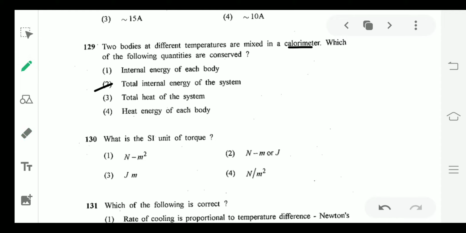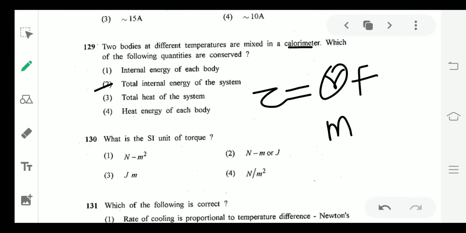If we take its magnitude, torque is equal to R cross F, we are not taking the vector quantity here, only magnitude. So radius means it is a distance, so we will take it in meter, and force in Newton, so its unit will be Newton meter, and we can also write Newton meter as joule.